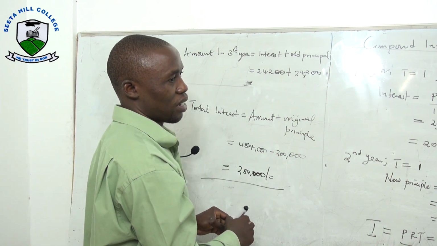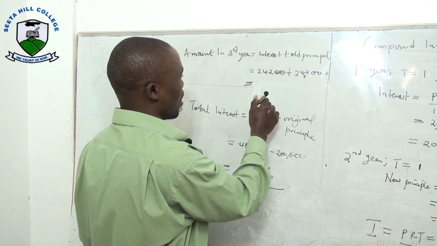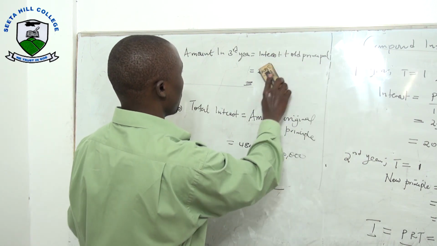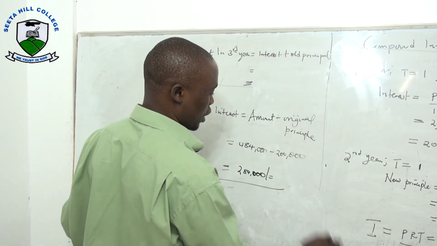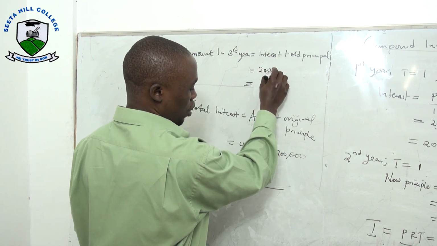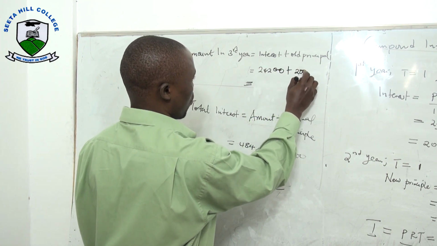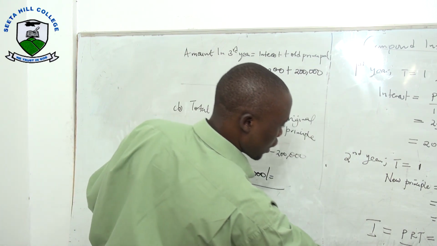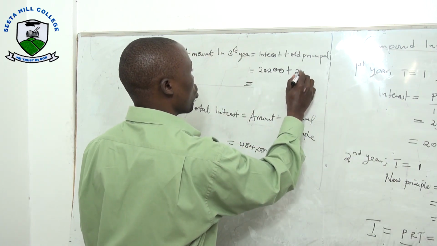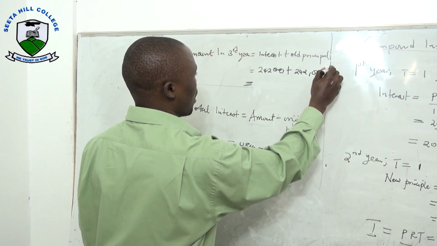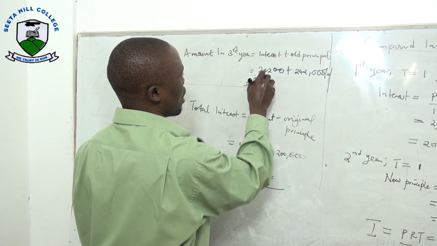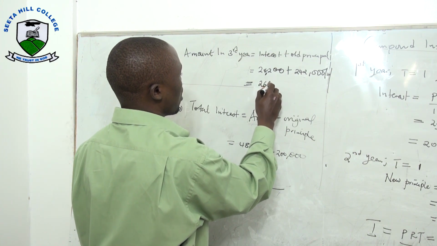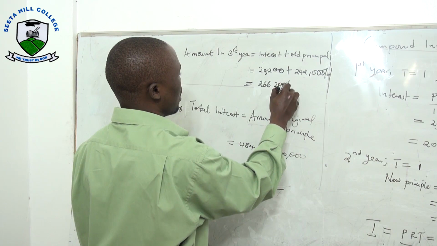Our interest is 24,200 plus all the principal, 200,000. All the principal here was 242,000. Yes, then what is the total here? It is 266,200. Yes, like this.